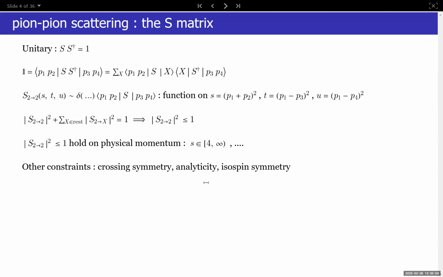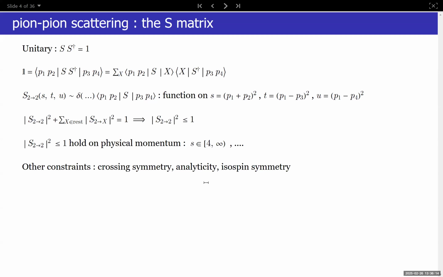If we consider the 2 to 2 S matrix, the 2 to 2 S matrix squared plus the 2 to N S matrix squared should totally equal 1. This S 2 to 2 is a function that depends on S, T, U. Totally it should sum to 1.